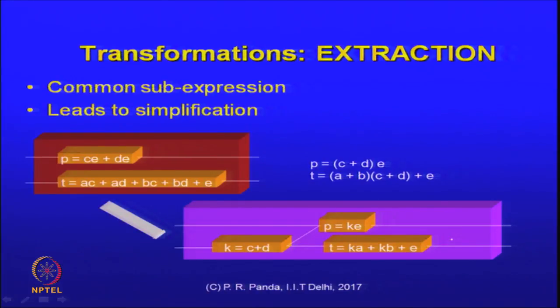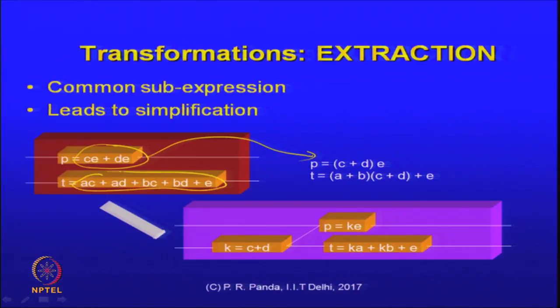Extraction is the name given to this common sub-expression elimination transformation. It leads to simplification in terms of the number of literals. If you had something like that, this could be realized in terms of those factors.